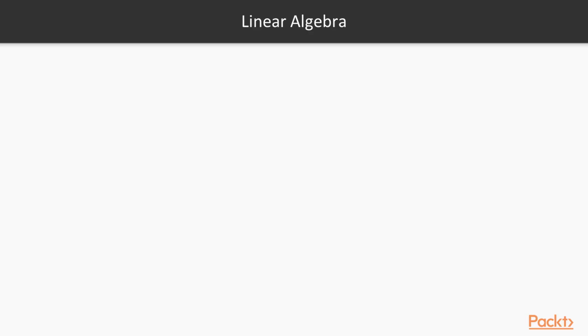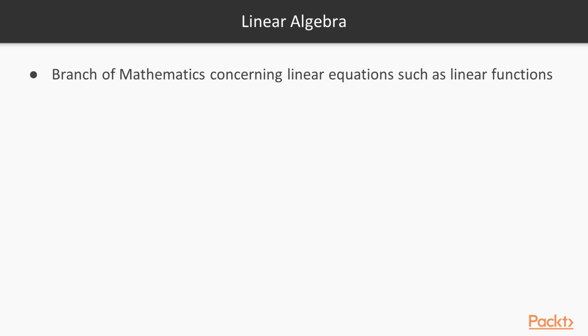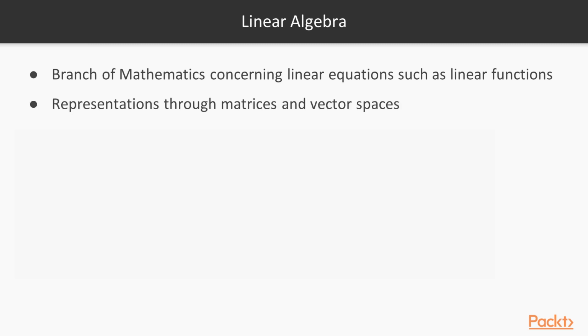Let's see what linear algebra is. It's a branch of mathematics considering linear equations, such as linear functions and their representations with matrices and spaces. Linear algebra is central to almost all areas of mathematics. It provides the first steps into vectorization, presenting a deeper way of thinking about parallelization of certain operations.